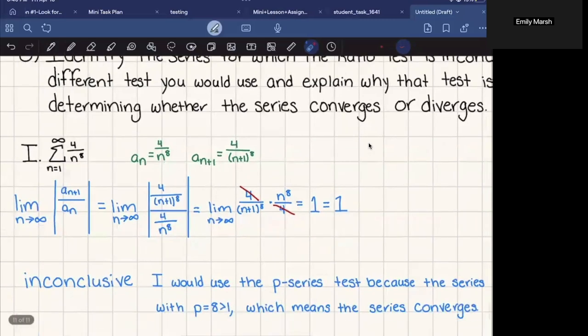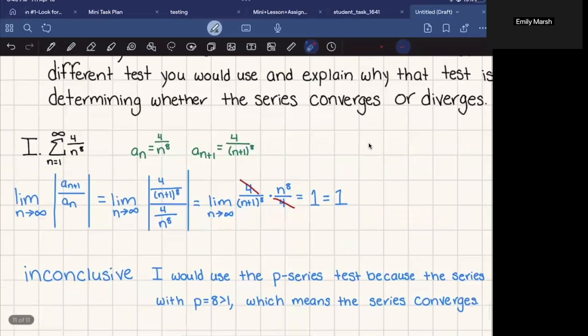Thus, when we're just looking at this here, when we're initially looking at the series, we can see that it's n to the power of 8, and we could move this 4 out. It doesn't affect us, where every term that we have, it's going to be 4 divided by n to the power of 8, and each n will be the thing that changes. So 4 is our constant.